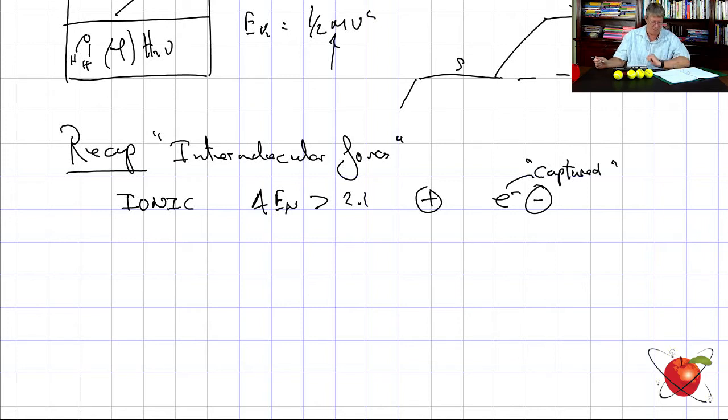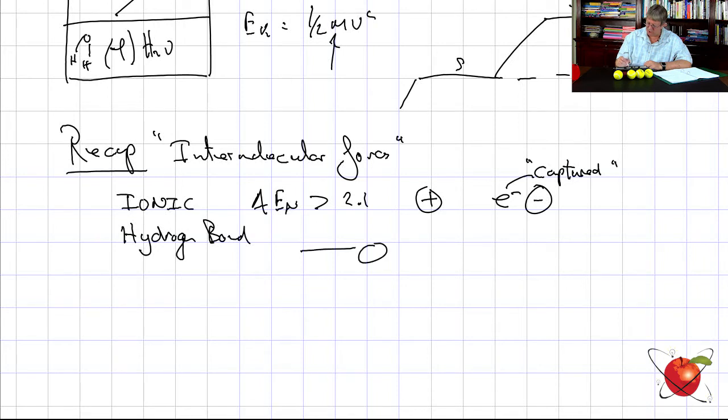Now, the next side is to look at a hydrogen bond. In a hydrogen bond, I'm going to use water specifically. Remember, we said that this was negative, this was positive. The little delta sign means partially. For those of you who do maths next year, you're going to come across it in maths as well.